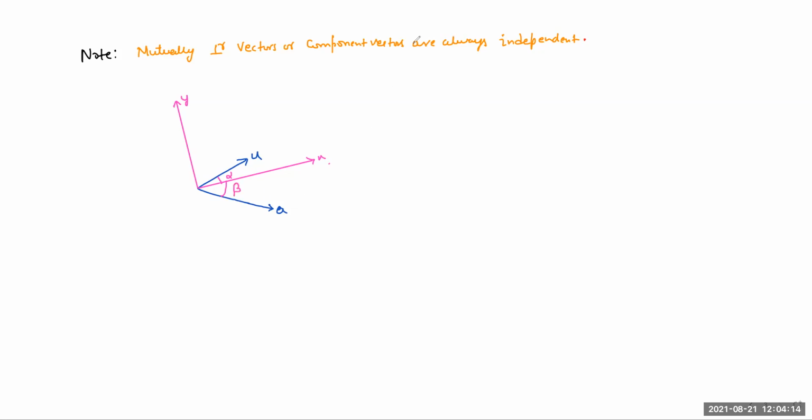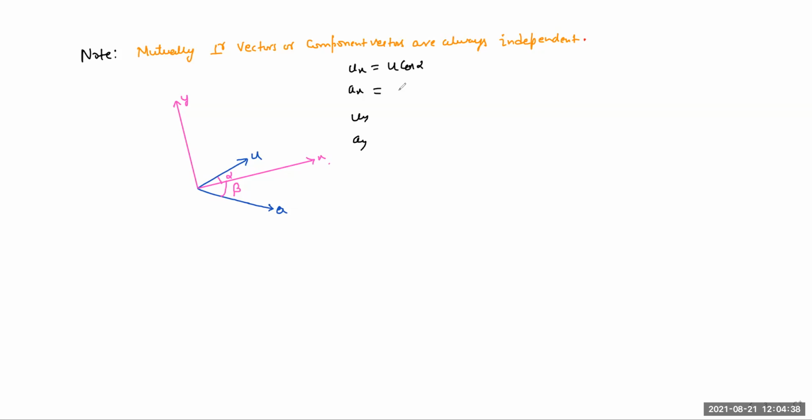Now the moment I do so, if I want to solve this question, I need to resolve both of them. So I will have ux, ax, uy, ay. So I will have four different components. Can you tell me what is ux, by the way? Sir, it's u cos alpha.